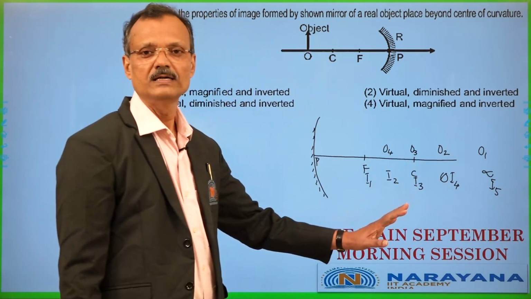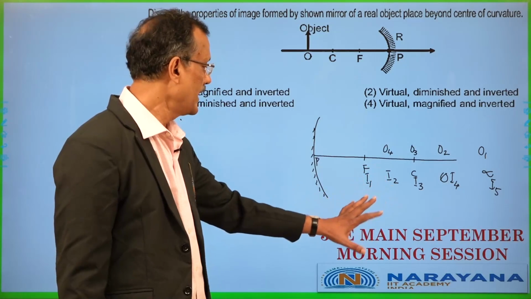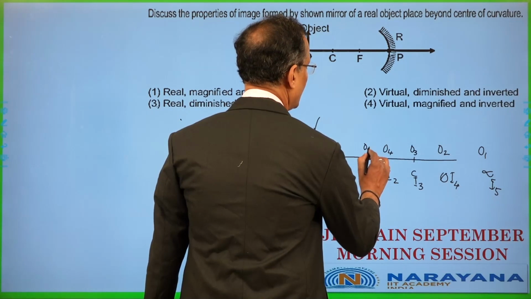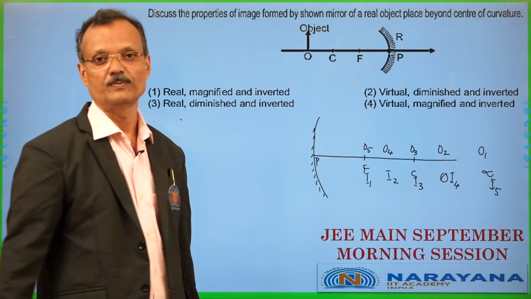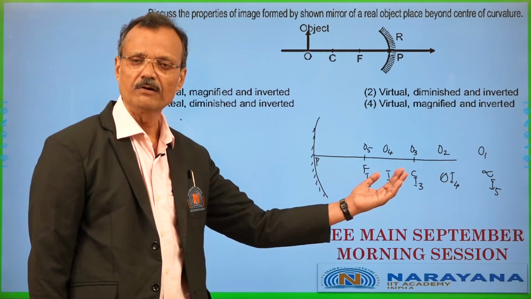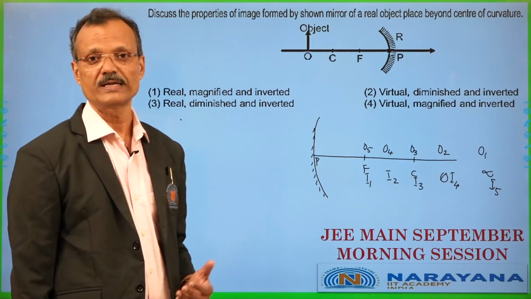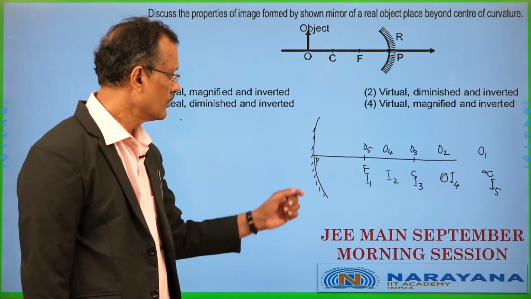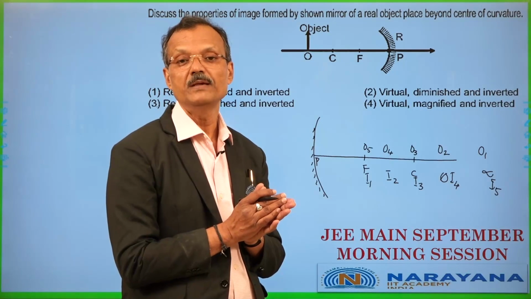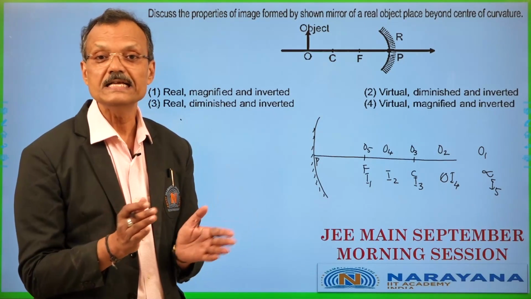You have these positions when you are getting a real image of a real object. When the real object is moving towards the concave mirror, the convergence of the reflected beam is going on decreasing.